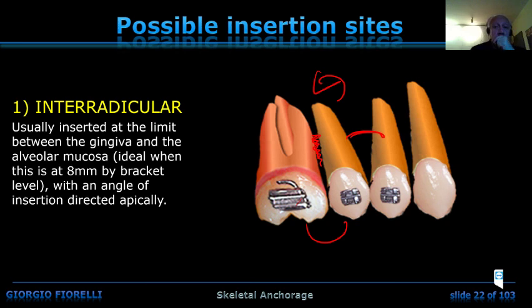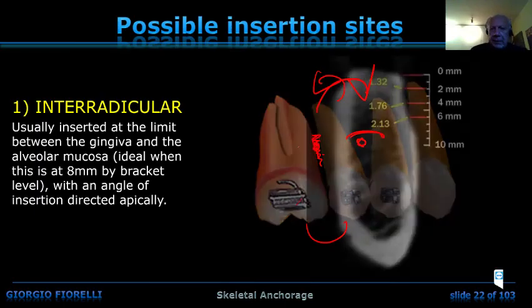So very often you might say, well, if it's not strictly necessary that I place my TAD here, I will place it here. I have a lot of space. Otherwise, if for some reason, and we'll see when, you do need to place your TAD between the 6 and the 5, just wait a second. Correct this inclination first, and after a couple of months, you will place the TAD.